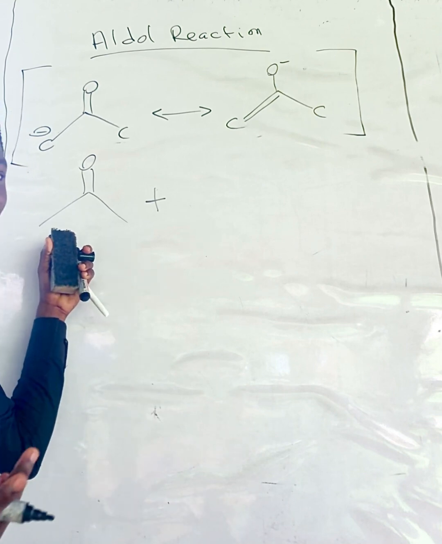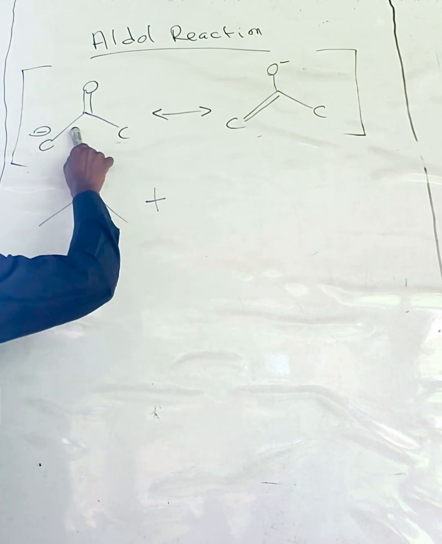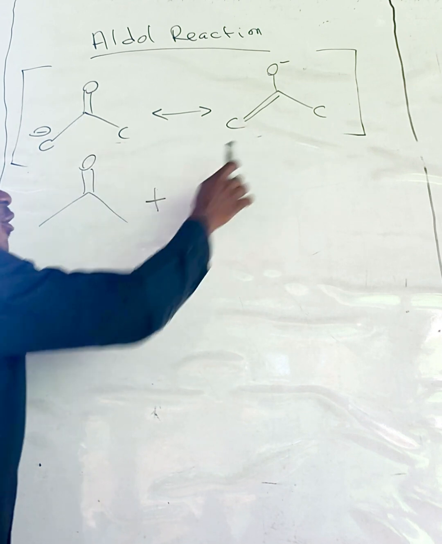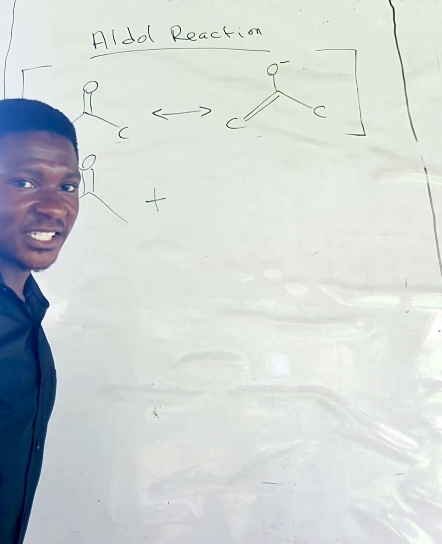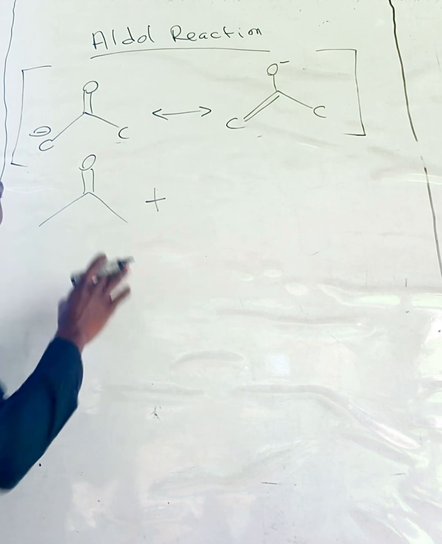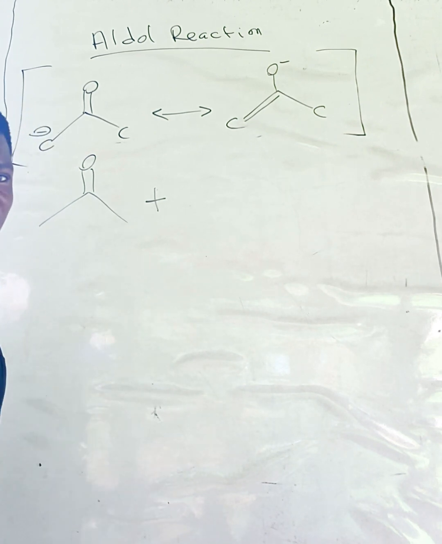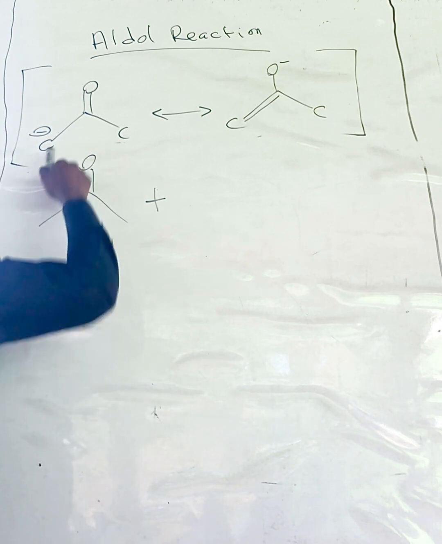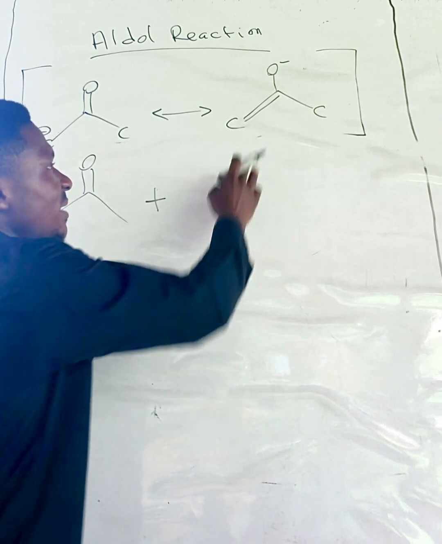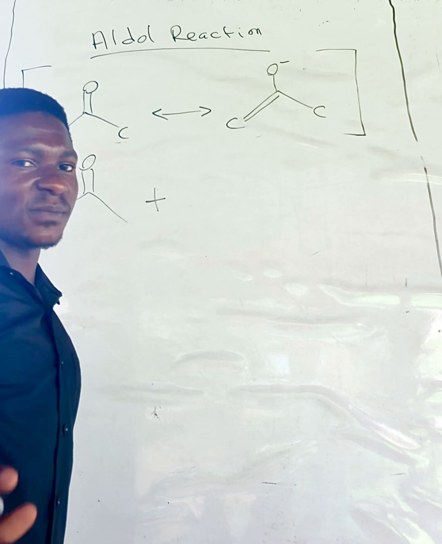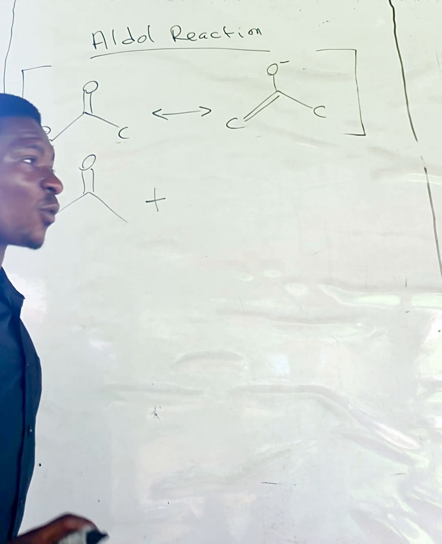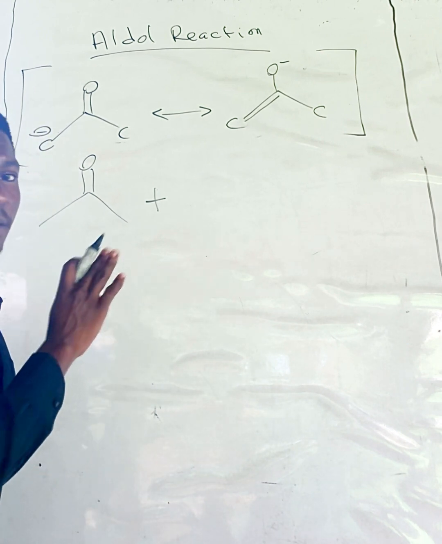This one has no charge on it, but the carbanion or the enolate ion has a charge. So once you bring them together, they will end up reacting with each other. Now it is your choice whether you use the carbanion or the enolate ion for your reaction. But for the purpose of clarity here, I will use the carbanion for the presentation.